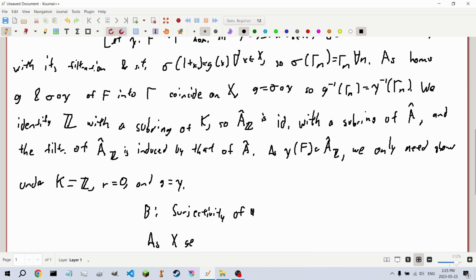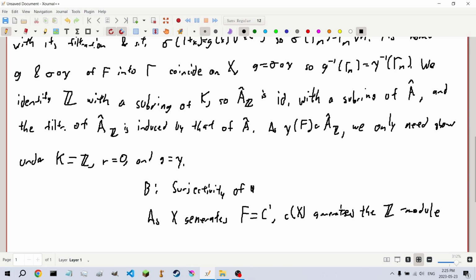As X generates the group F, which is its own first central series, the image of X under C generates the integer module G1, as the first central series or the second central series, which itself generates G as a Lie integer algebra.